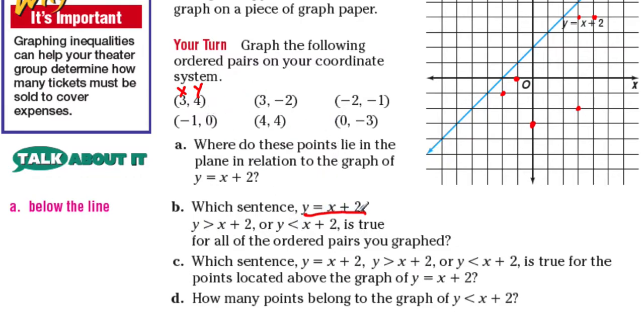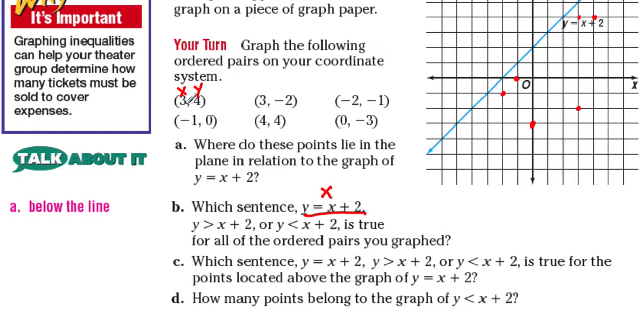Is it going to be y equals x plus 2, y greater than x plus 2, or y less than x plus 2? If we substitute them one by one, we know right away it's not going to be the first one.